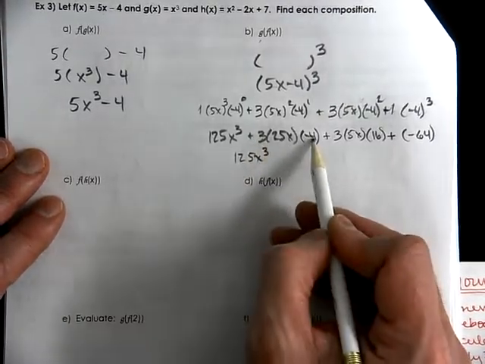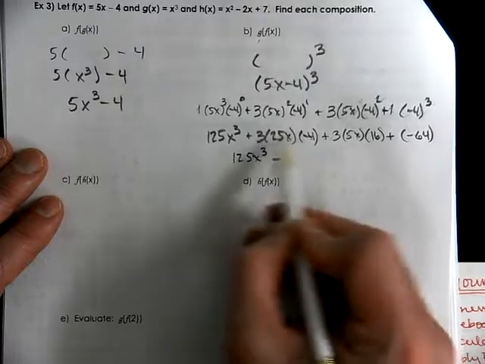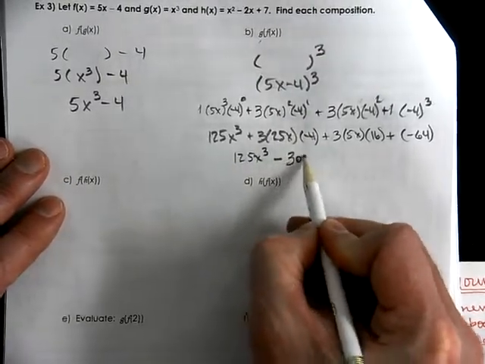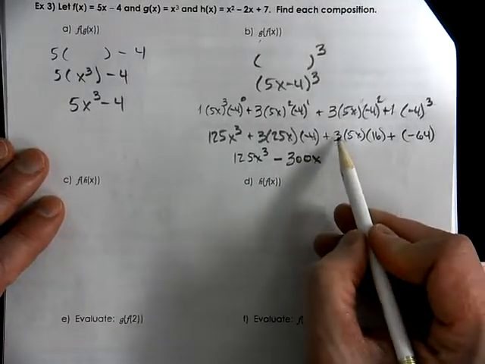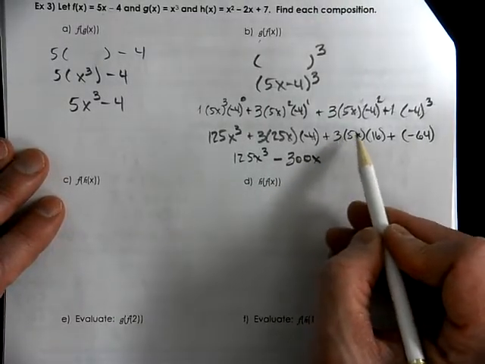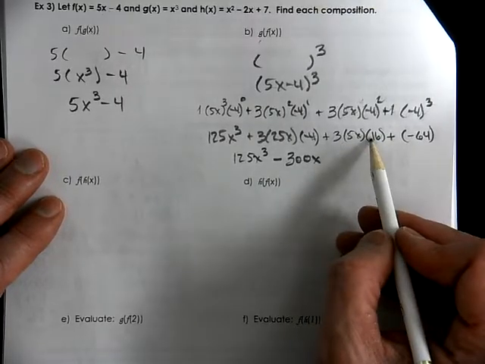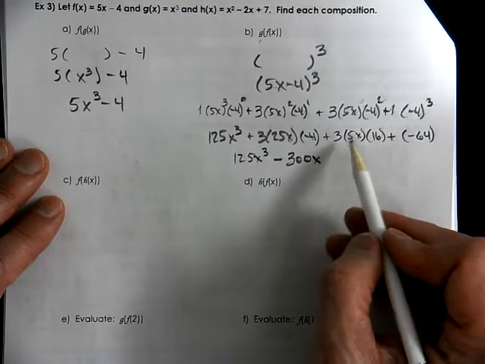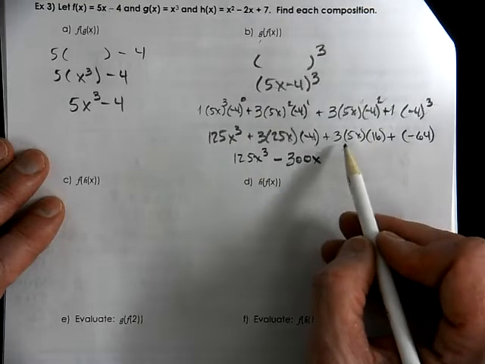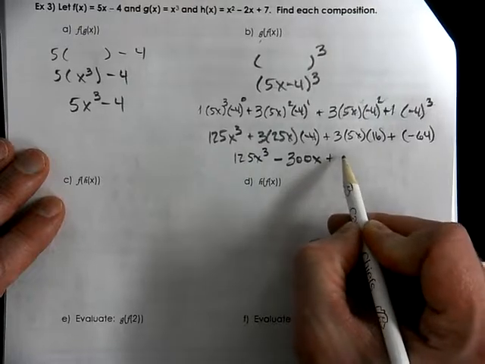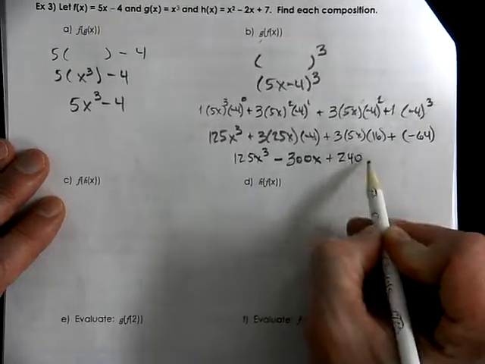This would be negative 12 times 25. That's 300. This is 15 times 16. Well, 15 times 15 is 225, 235, 240. So this is going to come out to be 240.